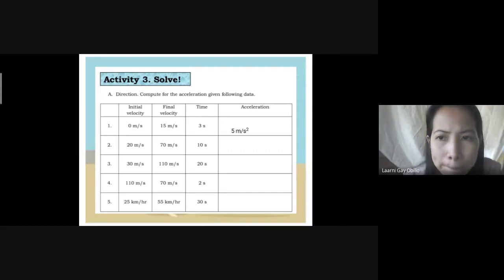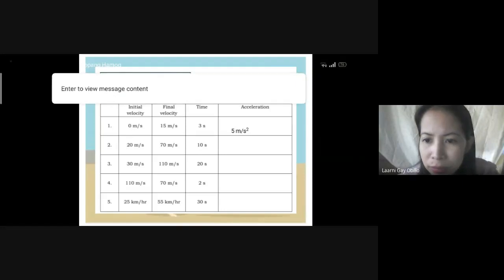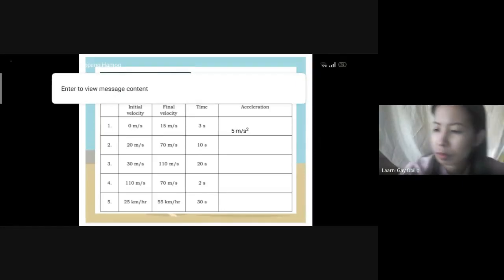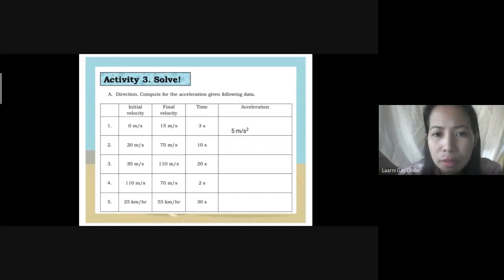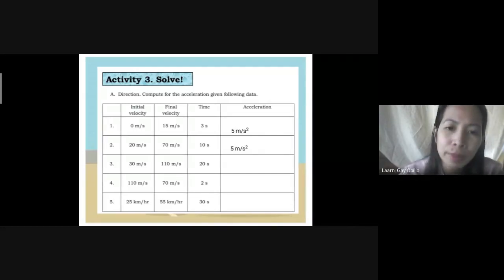Answer ni Miguel, 60 ba? 70 minus 20, that is 50 meter per second divided by 10. Yung 50 hatiin sa 10. Okay, let's see the answer. Answer is 5 meter per second squared.